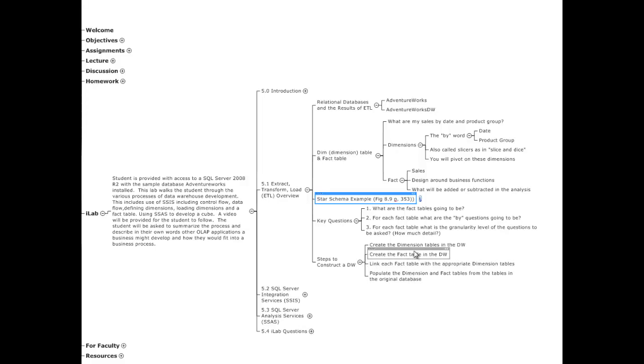To do these four steps, even for a data warehouse of relatively small size, would take hundreds, if not thousands, of lines of SQL code to generate. It would take a long time. Lots of mistakes would be made. You have to debug, do it again and again, and it becomes a pretty onerous task.